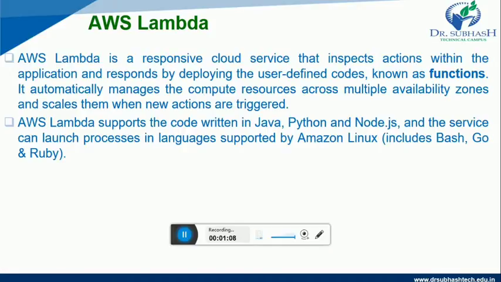AWS Lambda supports code written in Java, Python, and Node.js, and the service can launch processes in languages supported by Amazon Linux. It includes Bash, Go, and Ruby languages.